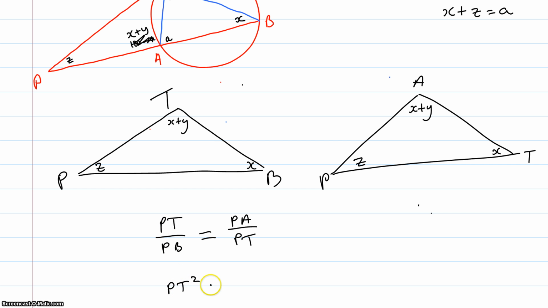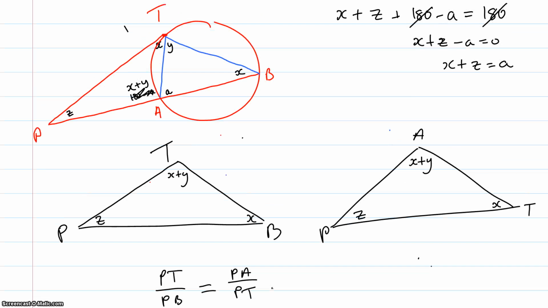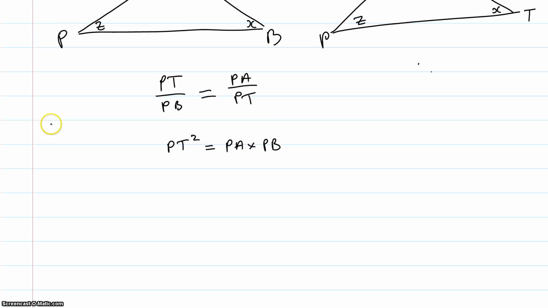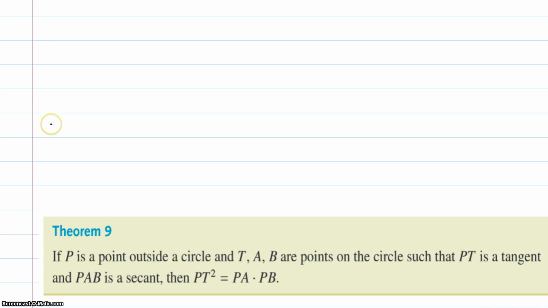So I get PT squared is equal to PA times PB, and in fact that is the theorem that we've got, that this side here squared is equal to this length multiplied by this length over here. Okay, and so we end up with this theorem 9.